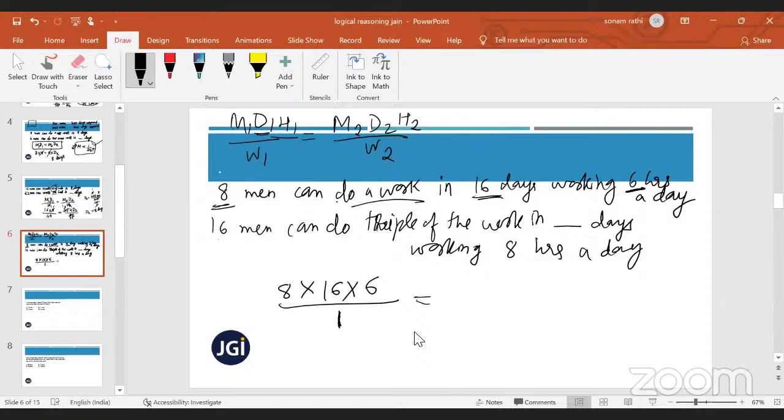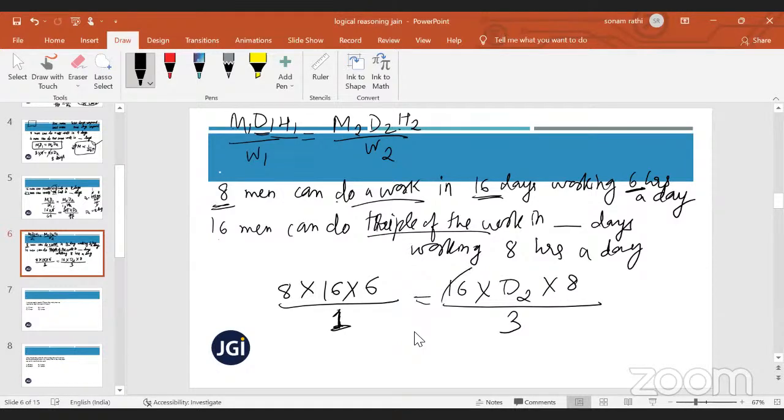Okay. M2 is 16, D2 we need to calculate, H2 is 8, upon work, which is triple of the previous work. If previous work is 1, triple of this means 3. Right? Now calculate D2.